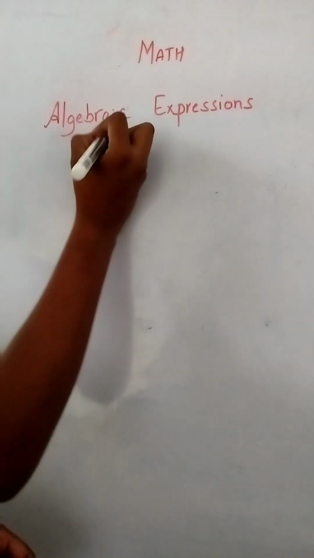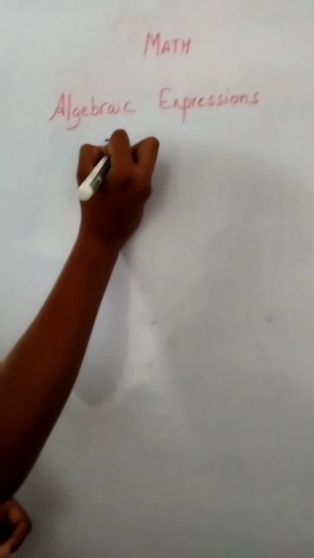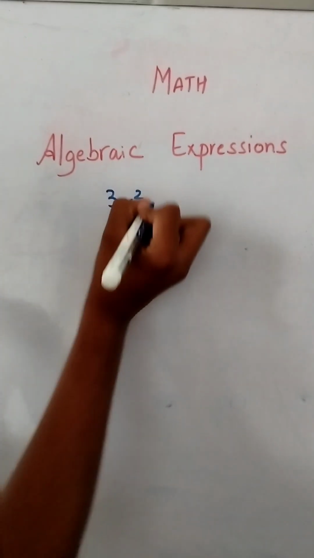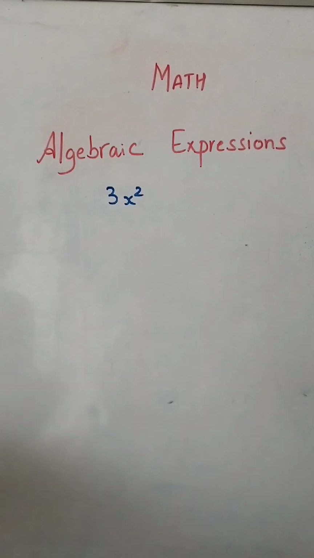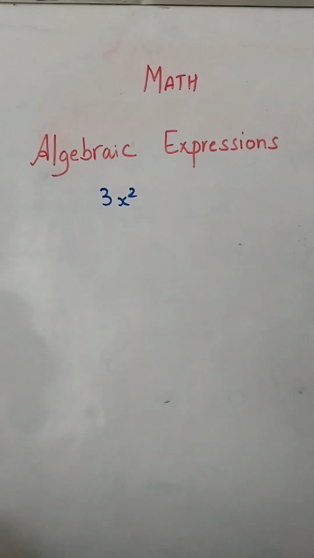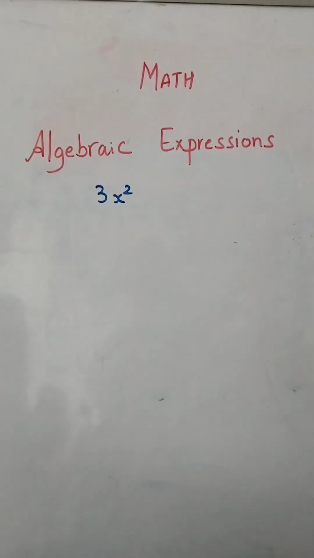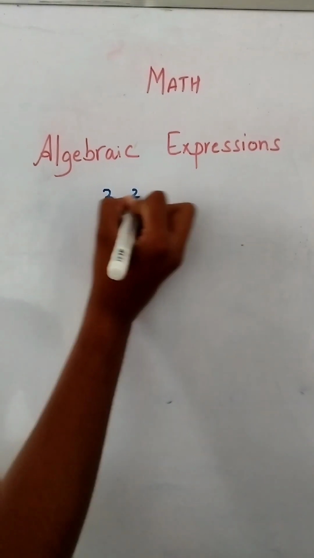Okay, so now let's understand what are like terms. Like terms in algebra are considered to be the terms which have the same variable and the variable's power. So remember that the variable and the variable's exponent must remain the same between the two different terms, but the constant may change and there's no problem with the constant. The important part is the variable and its power.